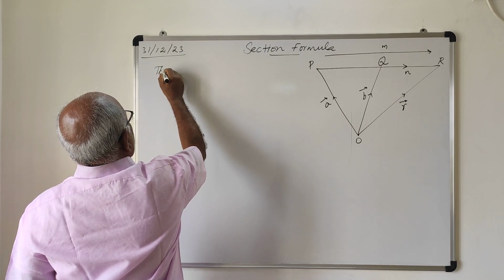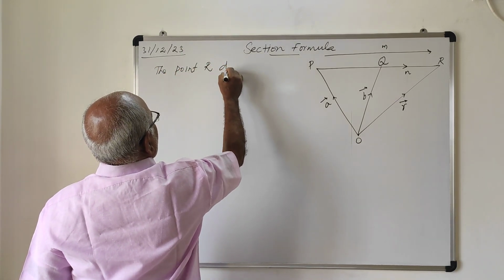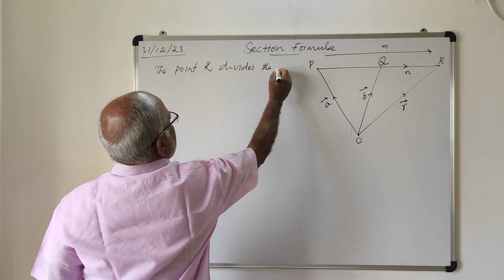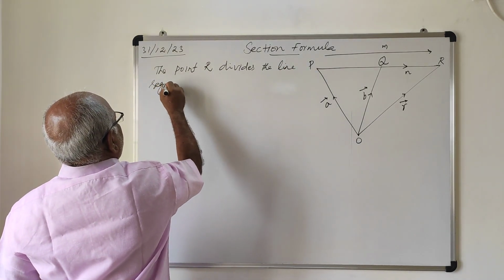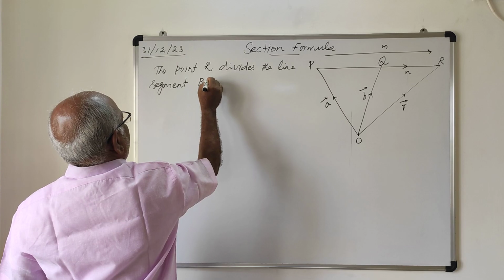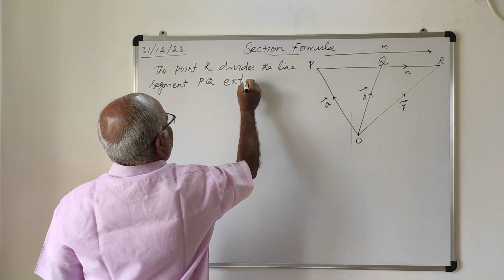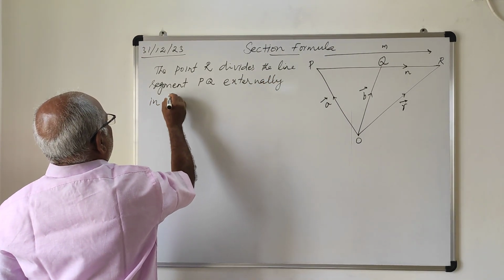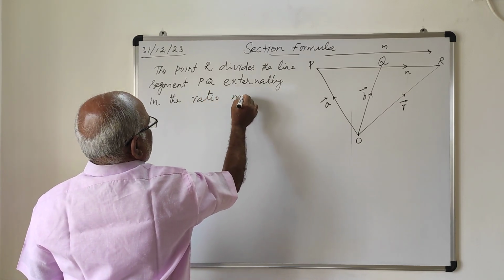So the point R divides the line segment PQ externally in the ratio m:n.